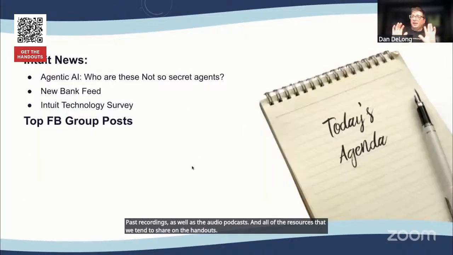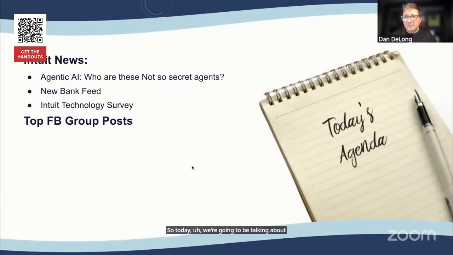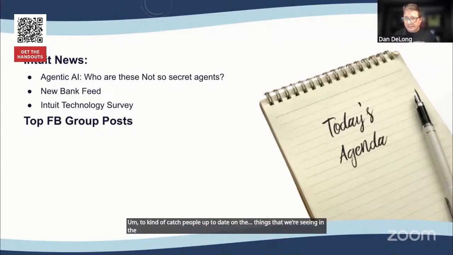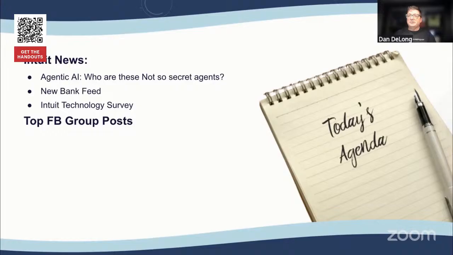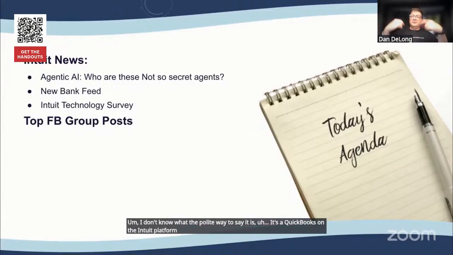So today, we're going to be talking about really three main topics to catch people up to date on the things that we're seeing in the QuickBooks ecosystem, or as the terminology is being, I don't know what the polite way to say it is, QuickBooks on the Intuit platform is a definite term or verbiage that is being communicated.